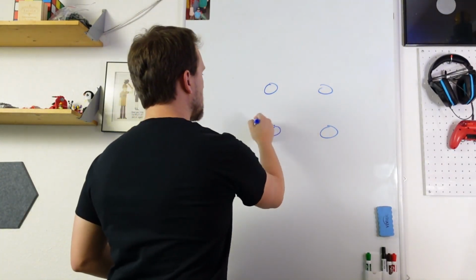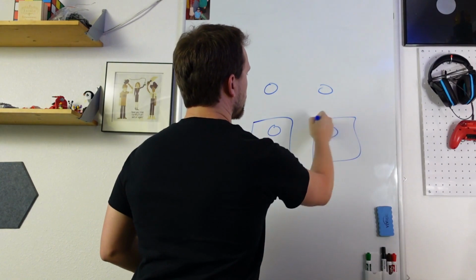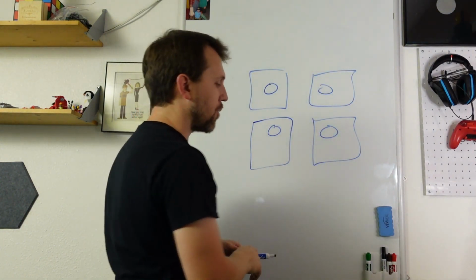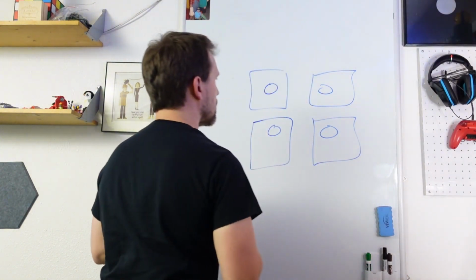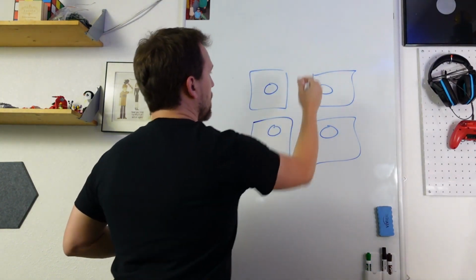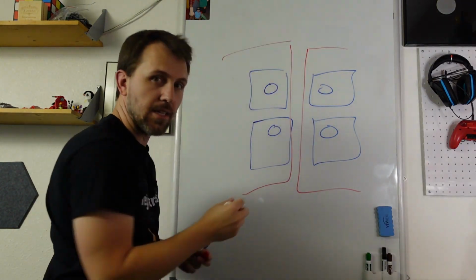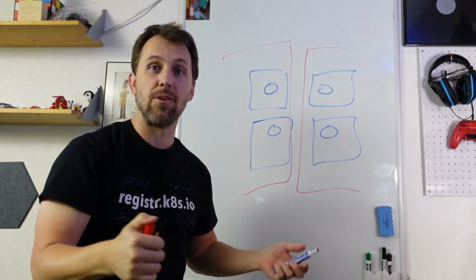By taking ownership of our availability, not only were we able to spread these across our nodes, but we also could spread them across regions as needed. And we could define how much spread we needed.